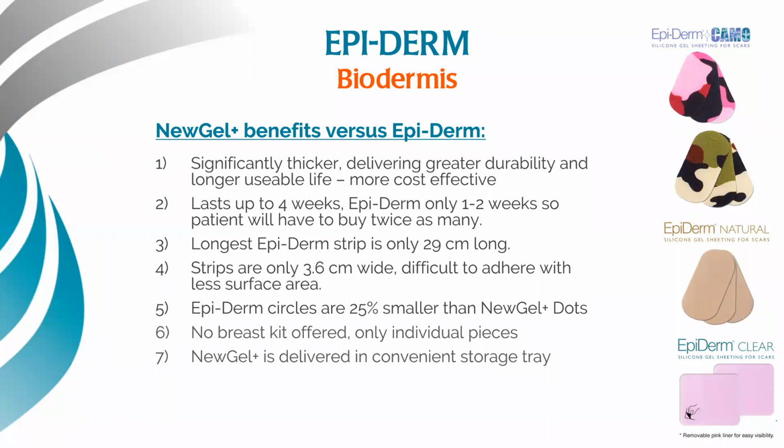I'm going to need 3 of them over my 3-month course of therapy. With Epiderm, if it only lasts 1 to 2 weeks, you're going to need at least 12 of them, not 3. So if you multiply the number that will be required to complete the full course of therapy times the cost, quite often, even though it appears to be a lower price, it ends up being much more expensive because you have to purchase so many of them.